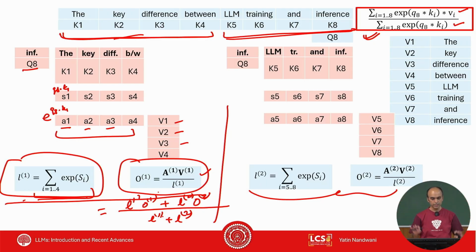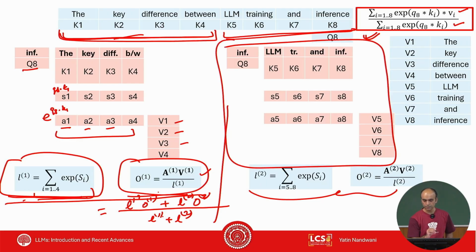Now I have computed L1 and O1 for a subsequence K1 to K4. Then I load the second block, and when I'm writing to the HBM, I want to just update the spaces that I have. I want to have L only and not L1. I just want to have L and O. I want to use these to update my L's and O's, right? How can I do that?